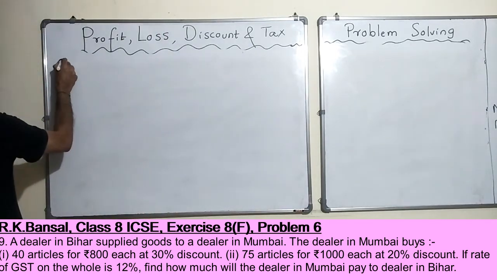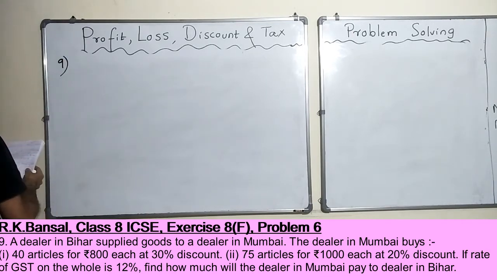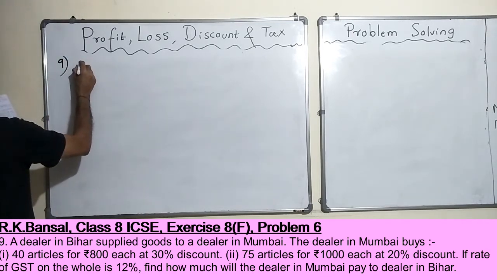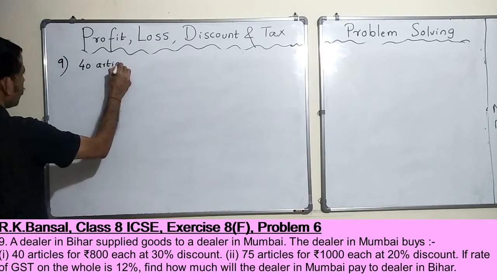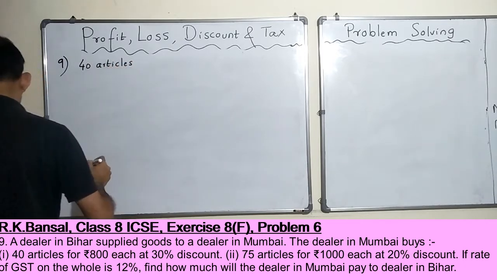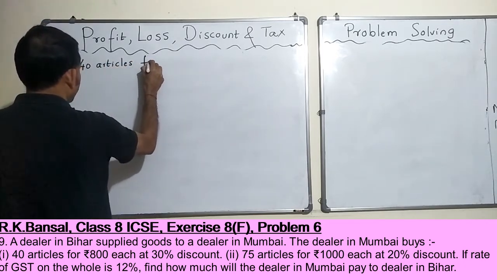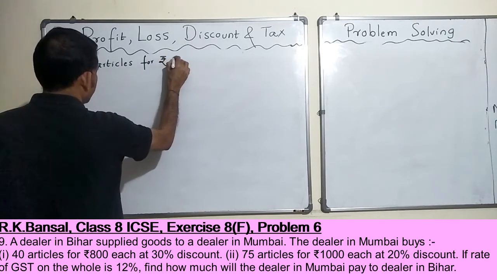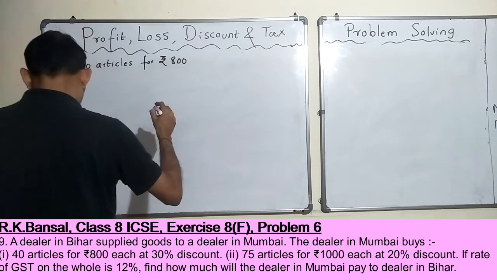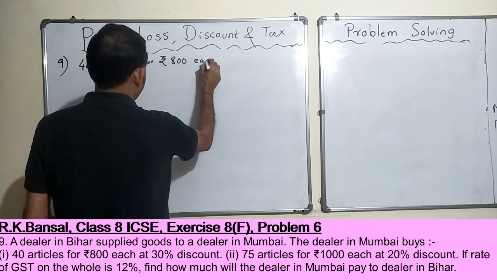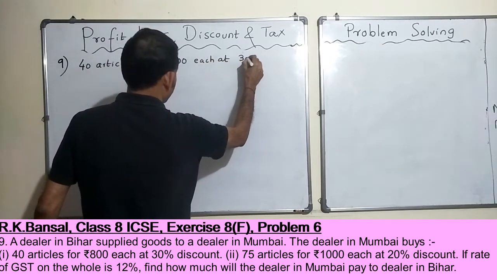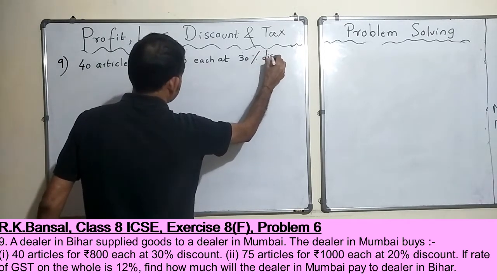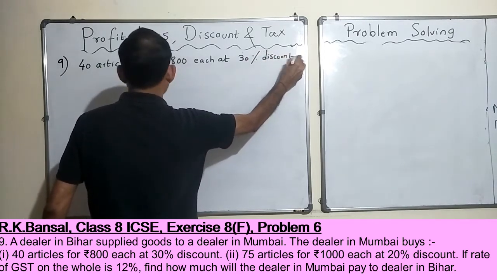So this is the last problem. 40 articles for rupees 800 each at 30% discount. So this is the first set of articles that is mentioned.